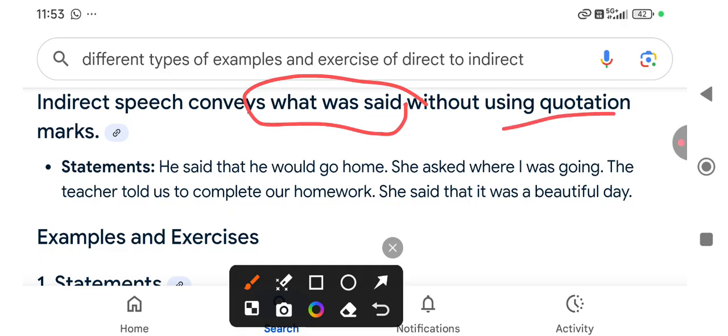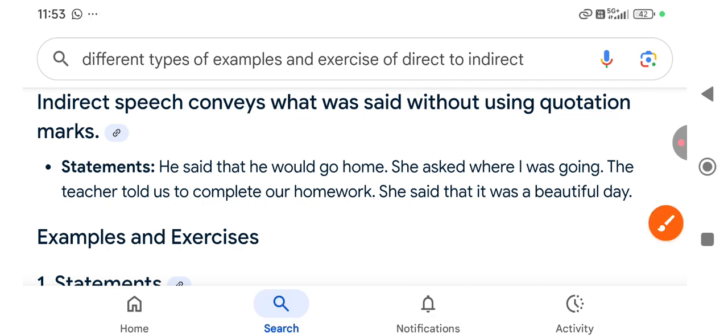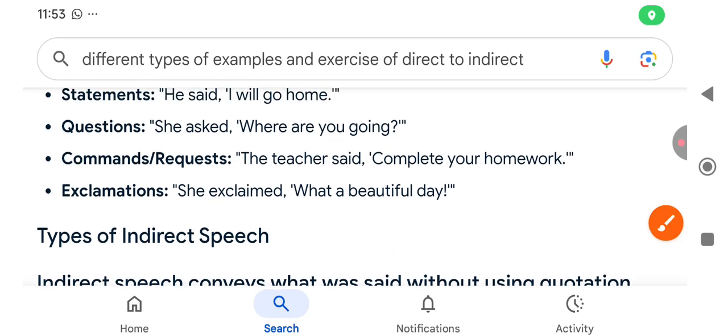So no need to put quotation marks. Quotation marks mean the speaker's words as they are, right? So now, first statement: he said that he would go home. She asked where I was going, right? And the teacher told us to complete our homework, and she said that it was a beautiful day. These are the answers to all of these.